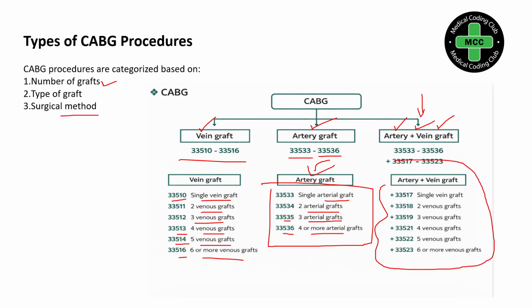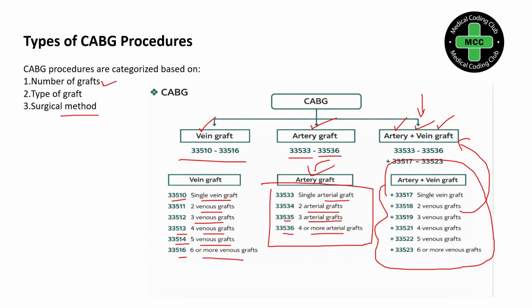We have separate vein graft codes which are add-on codes. These codes will be used only with arterial grafting, which is combined grafting. So when they are performing both, you take the arterial graft primary code, and to report vein grafting you must take the add-on codes. This is an important guideline, so always remember artery followed by vein graft.